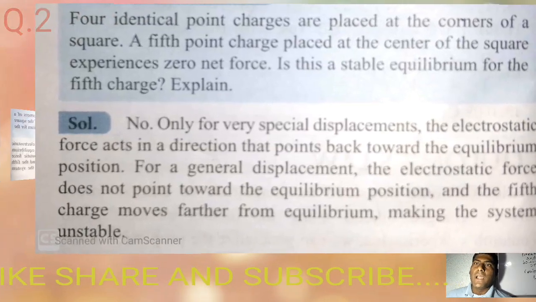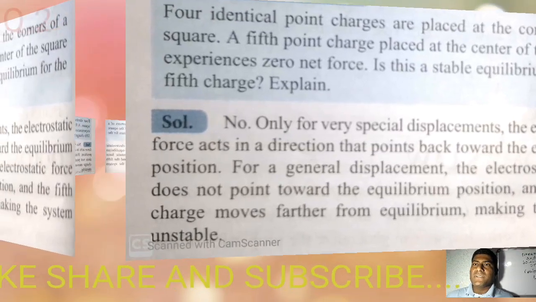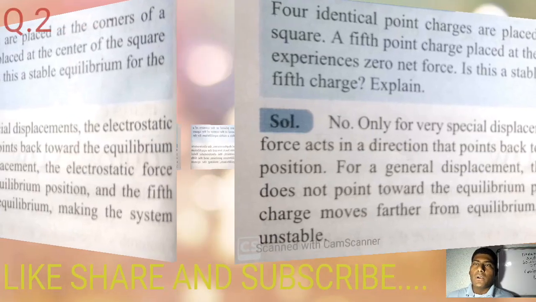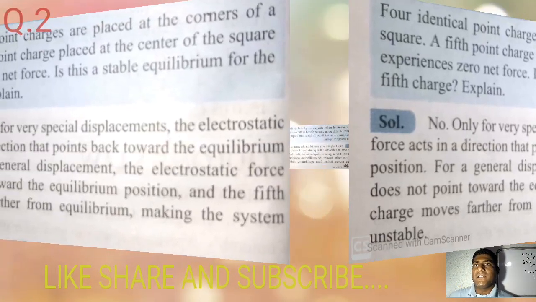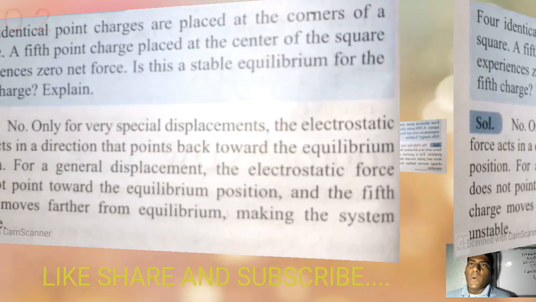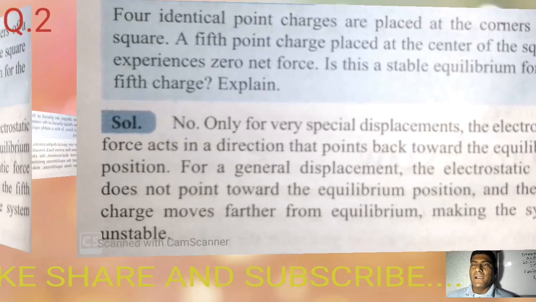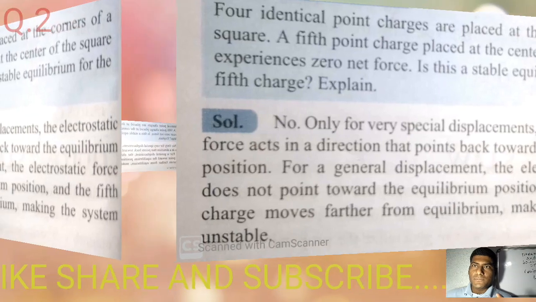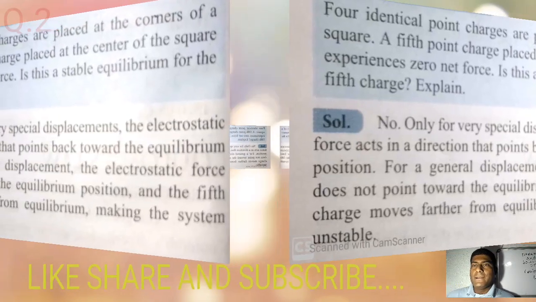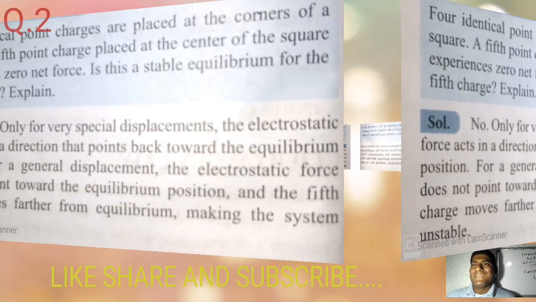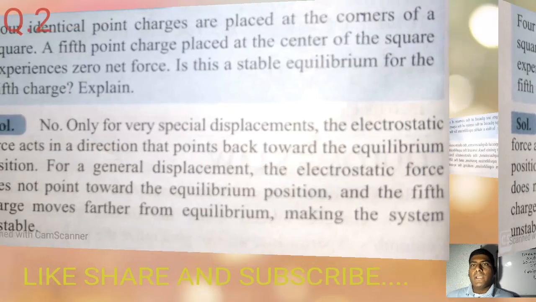Explain. Now if you consider a square and 4 charges are situated at the 4 corners of the square, and a fifth charge is placed at the center of the square, then the fifth charge will be staying at equilibrium.